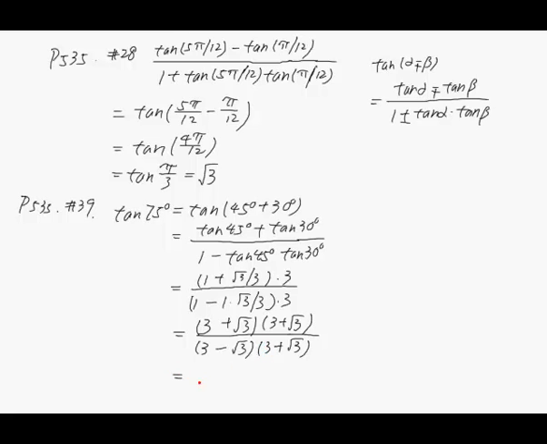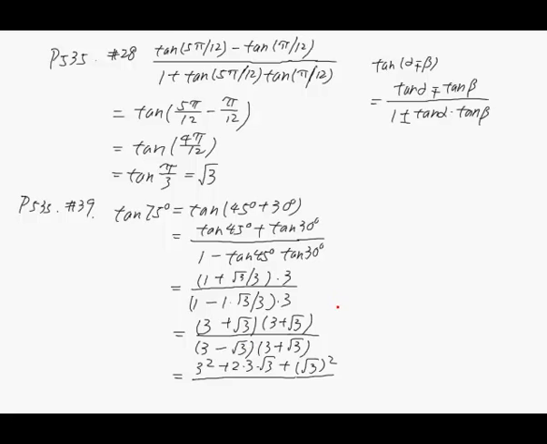Now the numerator, this is the square of 2 terms, so we can use the square of the binomial formula. Then we got 3 squared plus 2 times 3 times root 3 plus the square of root 3. Now the denominator, this is the product of a sum and difference of 2 terms.